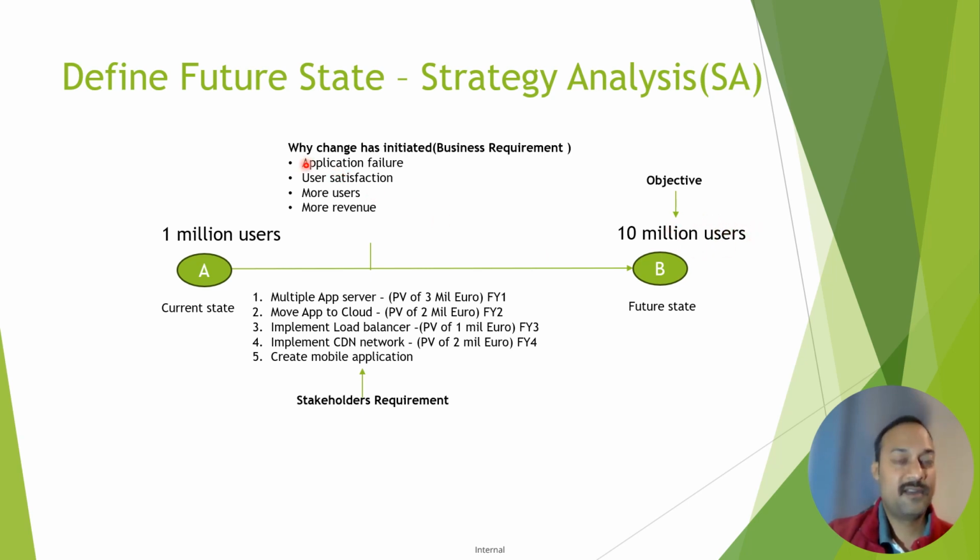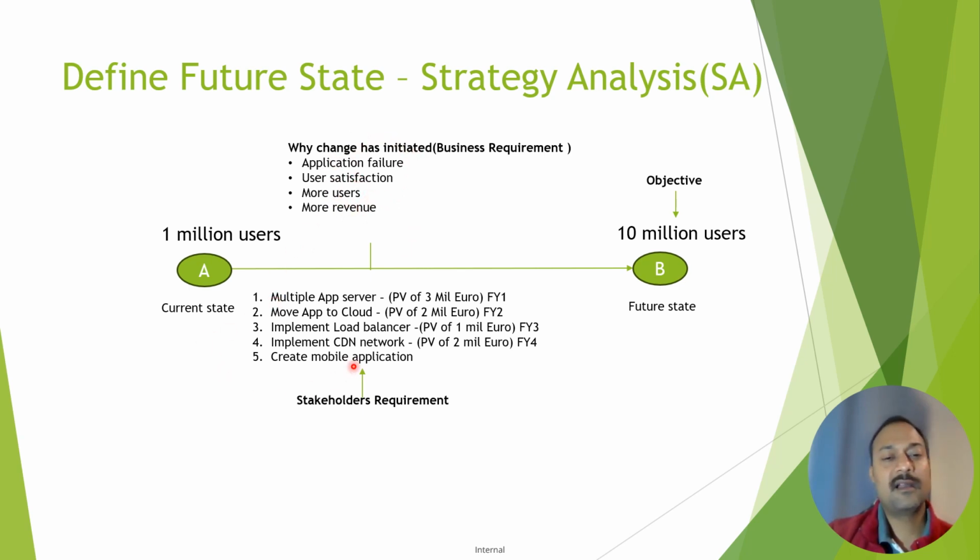But there are different factors coming up, which are also the reason why we have to do that. One could be the business requirement that the application was failing. Second is to increase user satisfaction. Third could be more users or more revenue. So these are the business requirements that we have to achieve.